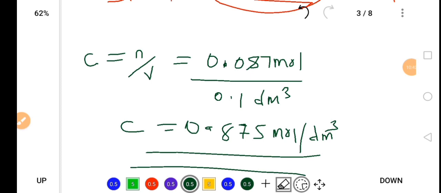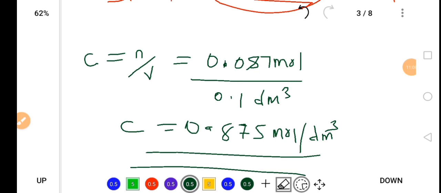I have given you a concept. Nothing is difficult here. Remember another important point: dissolving a substance in a given solvent is not a chemical reaction. You are just dissolving that substance, meaning the number of moles will remain the same.